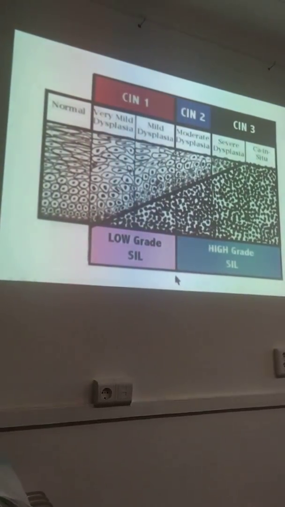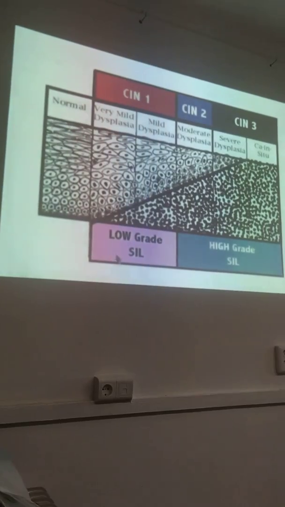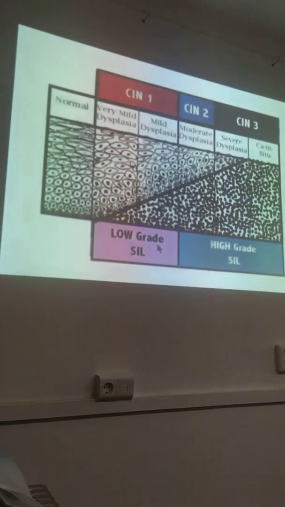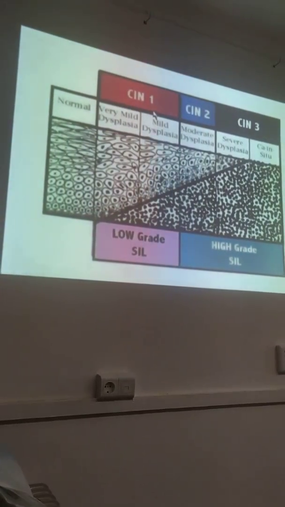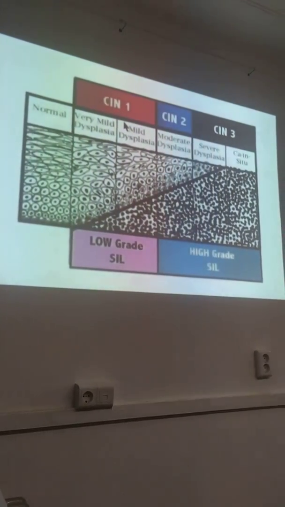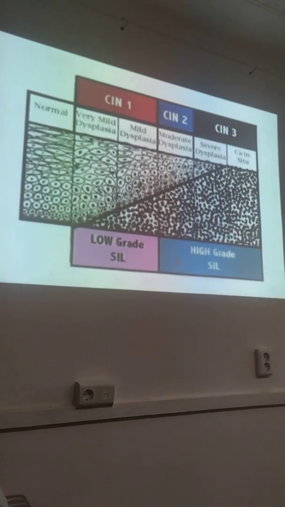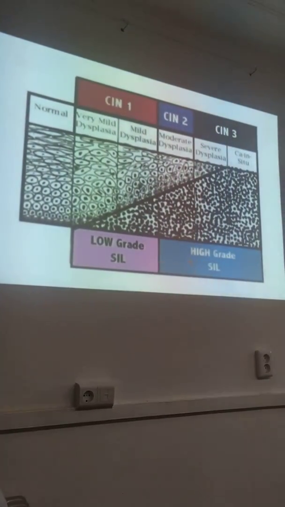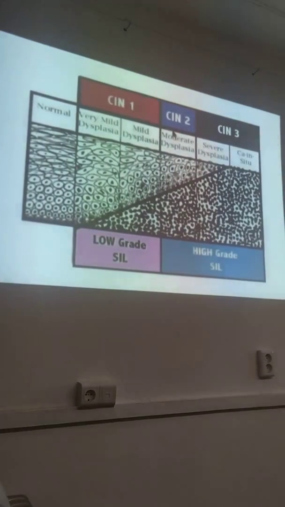In other words, if the Pap smear shows low-grade SIL, LSIL, what would we expect on the biopsy? SIN1. If the Pap smear reads HSIL, we would expect on the biopsy to see SIN2 or 3.